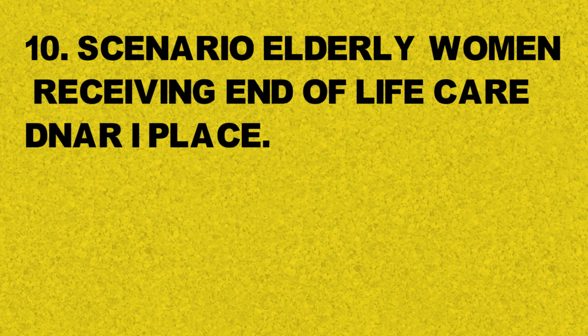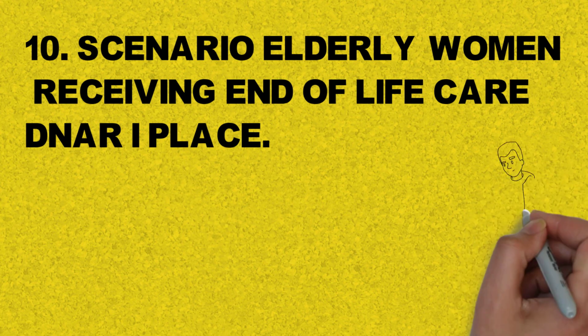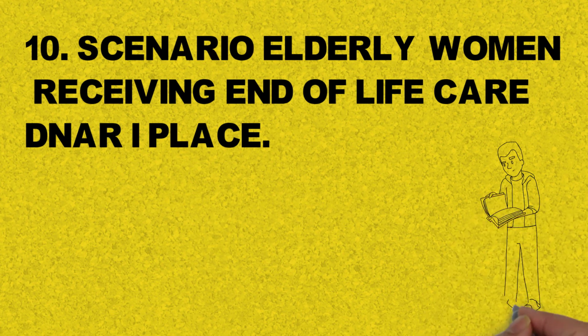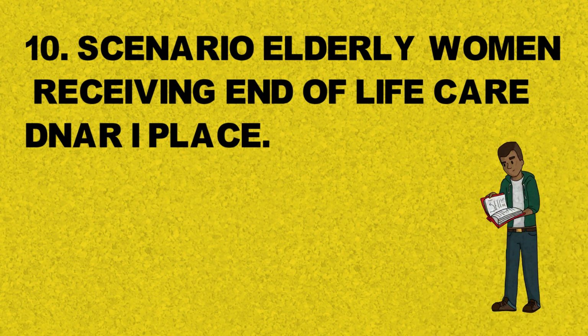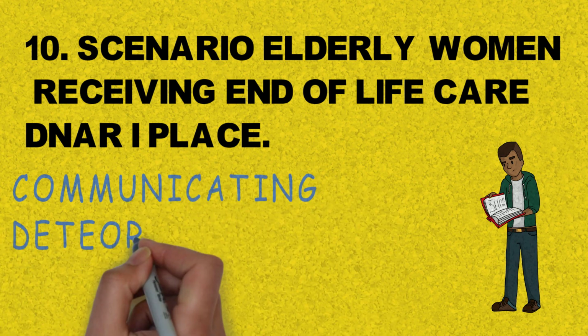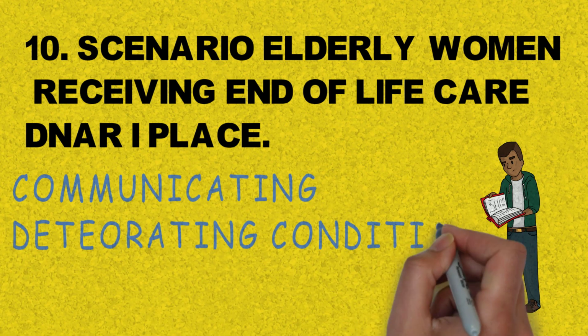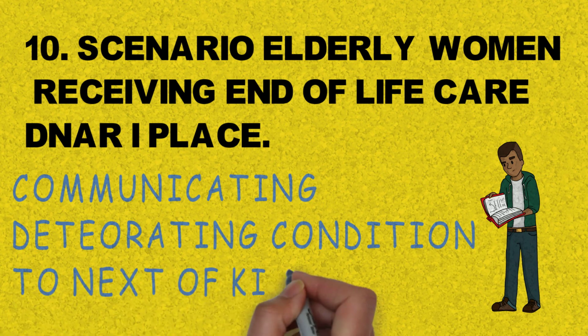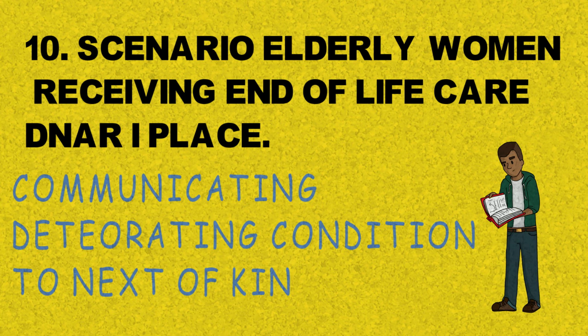Because of that, the medical team discussed the outcome and placed the status for the patient: DNAR, do not resuscitate. In case of any emergency, we don't want to resuscitate this patient. That's what it means.